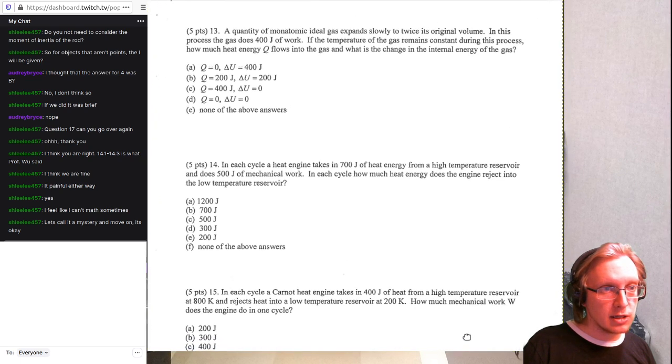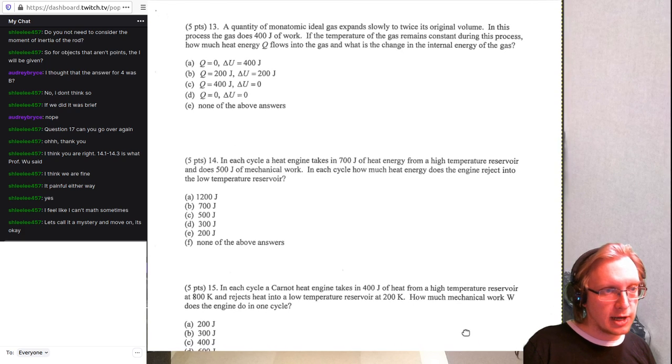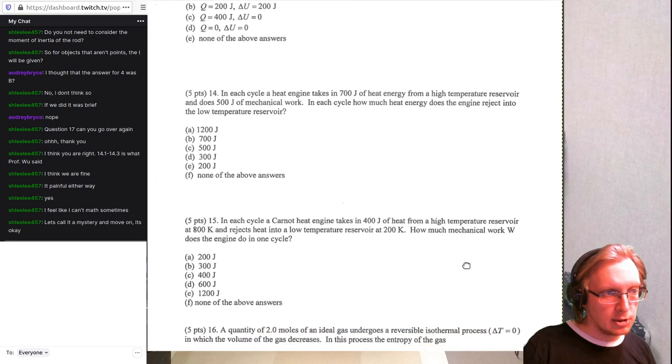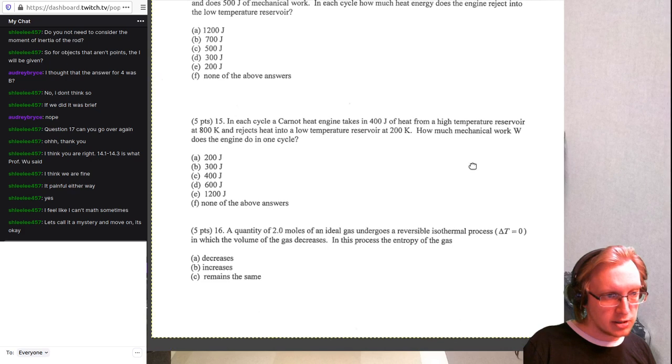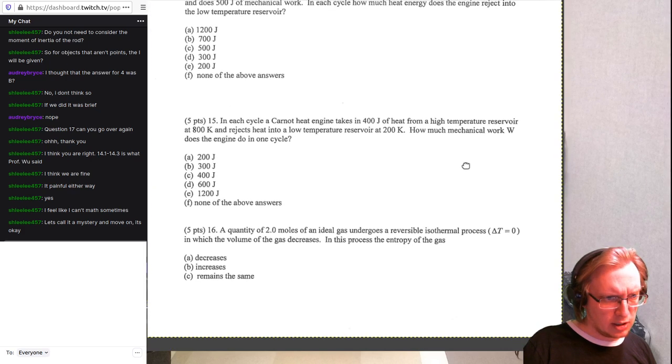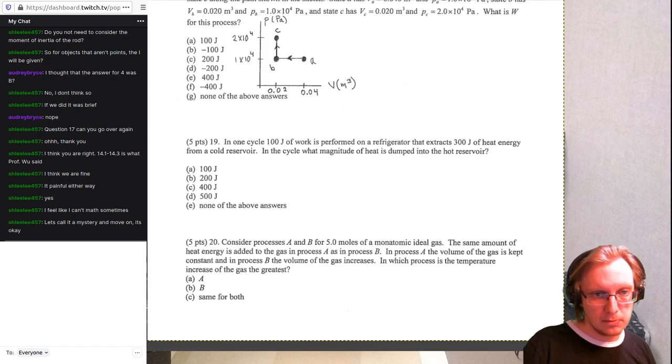Monatomic gas increases in volume, temperature is constant, isothermal process, not on this exam. And engine, not on this exam. Carnot heat engine, not on this exam.